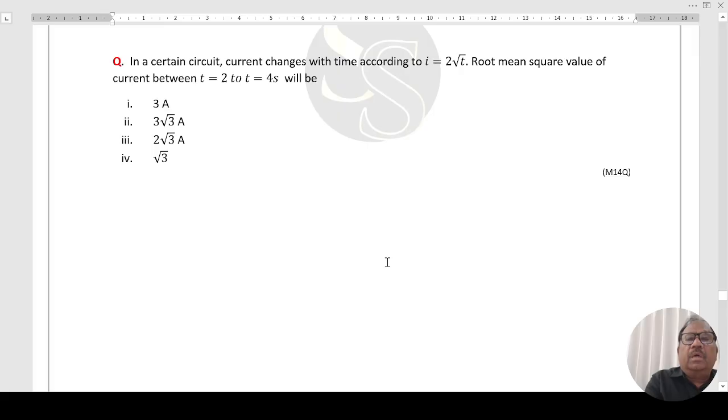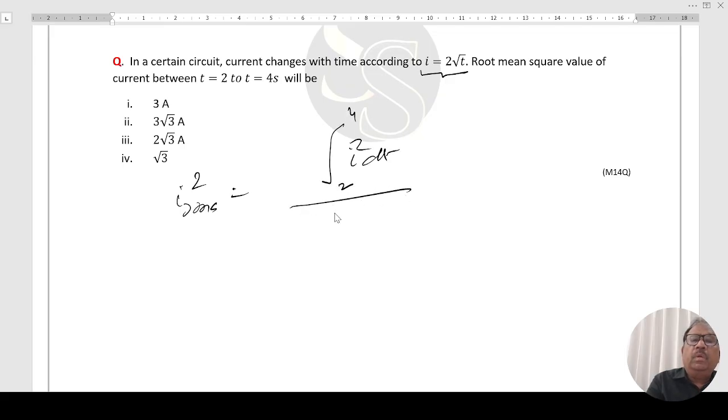Next question. In a certain circuit, current changes with time according to I equal to 2 root t. Root mean square value of current between t equal to 2 and t equal to 4 seconds. I RMS square will be equal to the integral of I square dt from 2 to 4 divided by the integral of dt from 2 to 4.